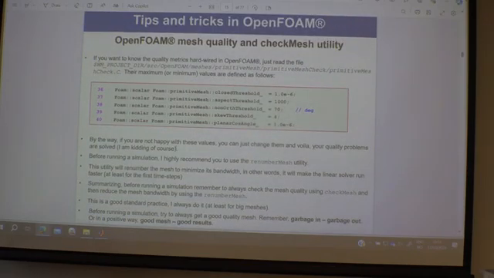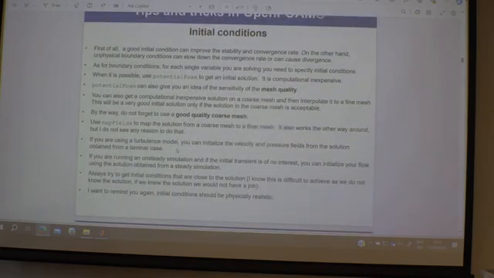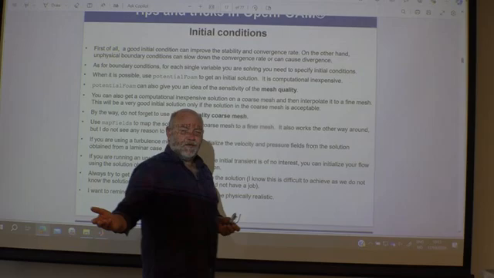So you have the checkMesh utility here. The boundary conditions, very important, of course. This one we also have discussed. The initial conditions: normally you are only seeking a steady state solution.